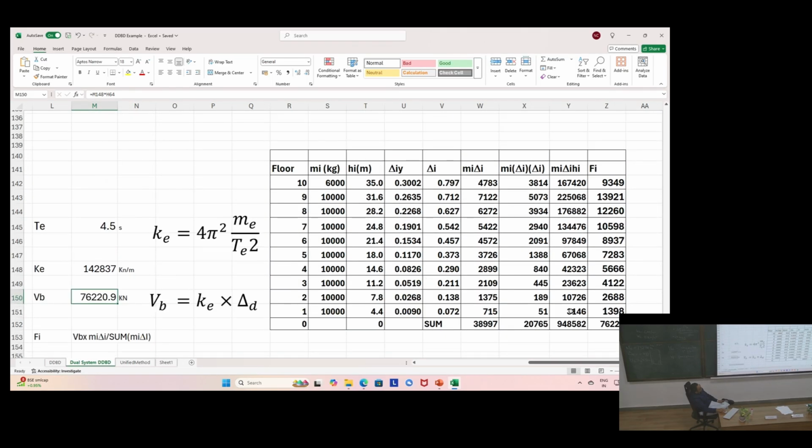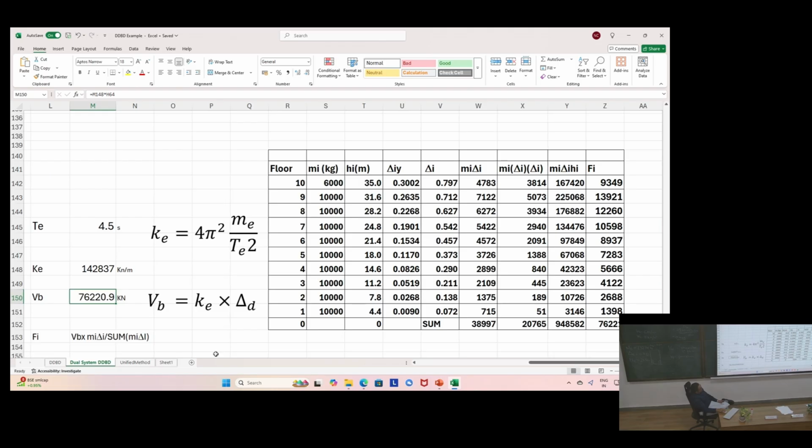N is less than 10. So our Fi is VB times Mi delta i over the summation of Mi delta i. And you don't need these here, I just put them in. But that's how you will distribute the forces along the story height.